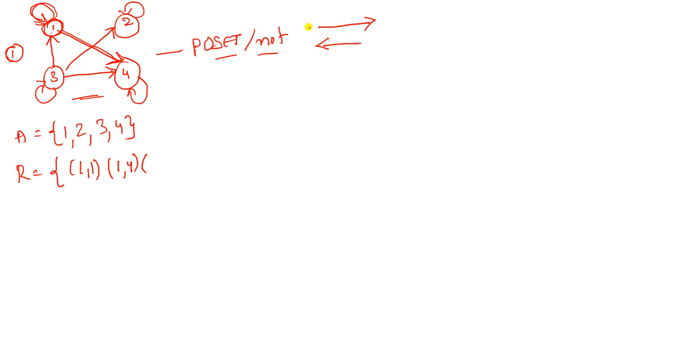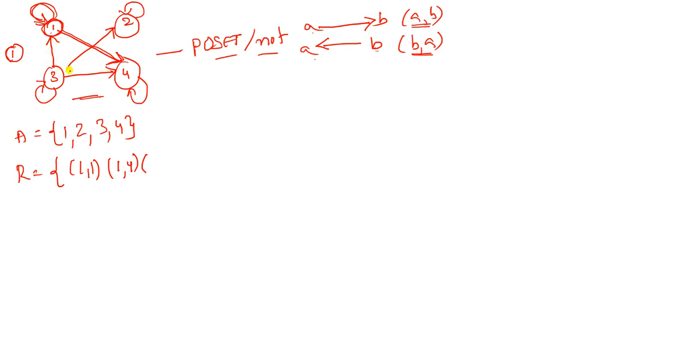A to B means this is (A,B). If the direction is from B to A, then this is (B,A). And next, there is no outgoing arrow from 1.